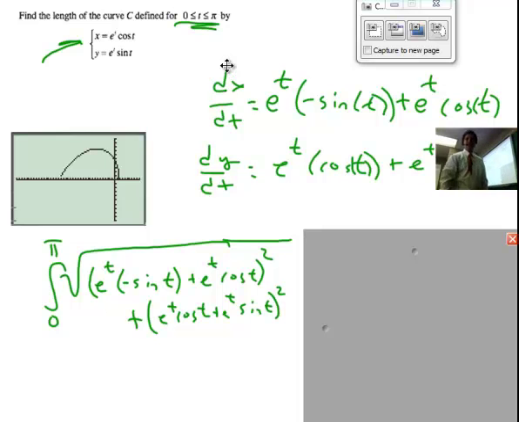Now this is going to turn into a nice little algebra experience for us, but I think it's going to simplify pretty nicely.